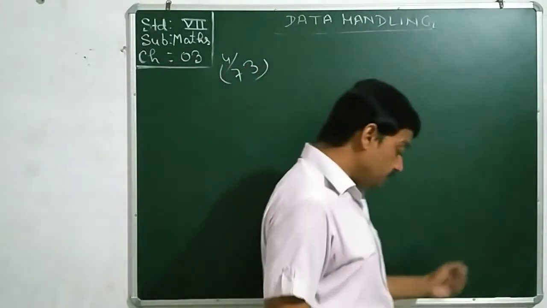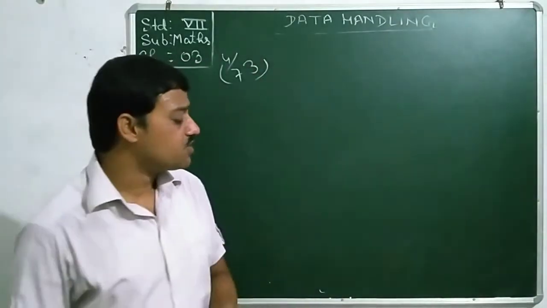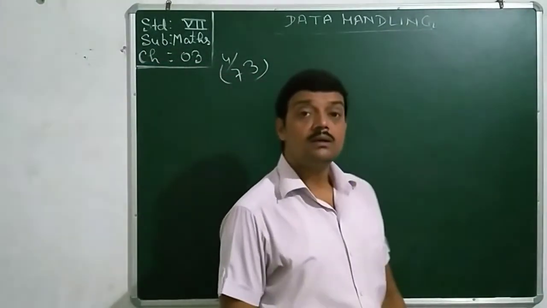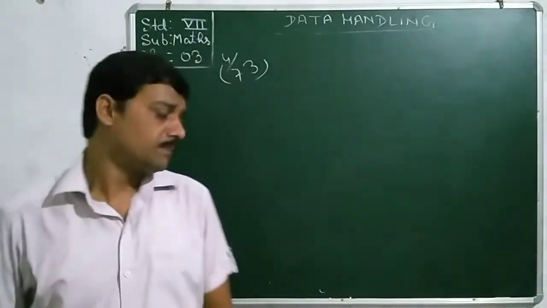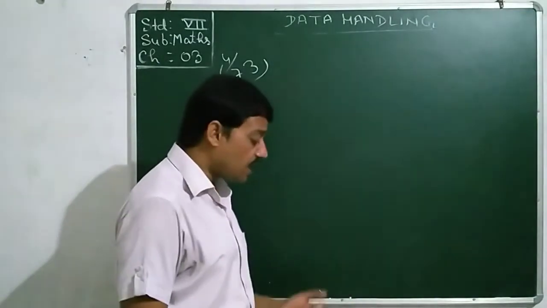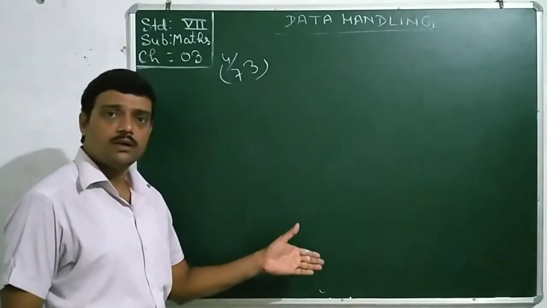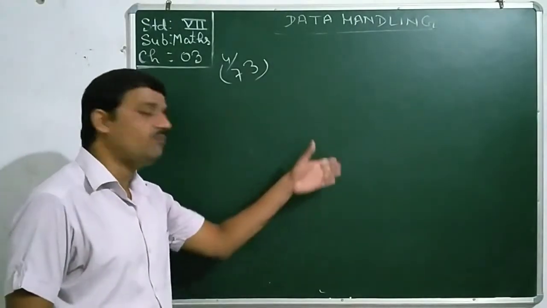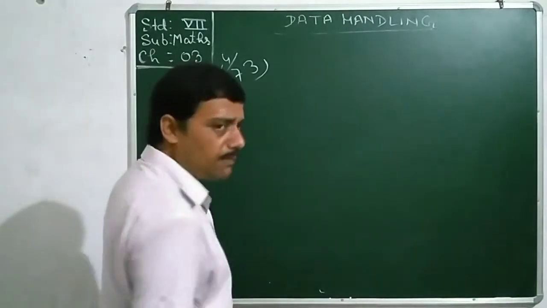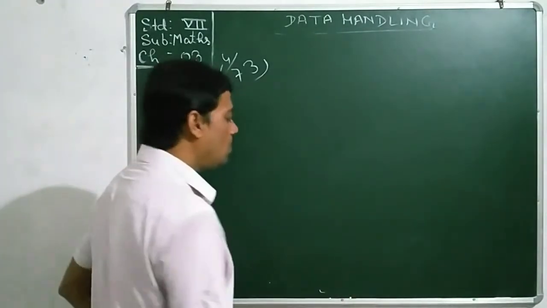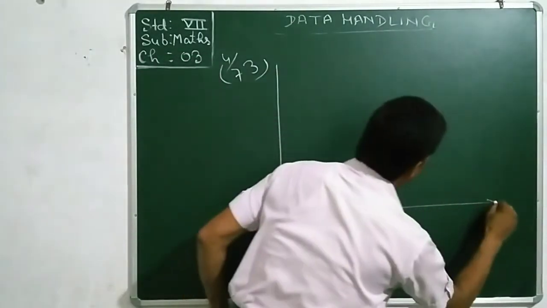In the 4 number sum, the marks of the first semester and second semester exams of students for only 5 subjects are given, and we need to draw one graph for the first term and one for the second term, simultaneously. How do we represent? Very similar to the previous one. We will draw up the axes.